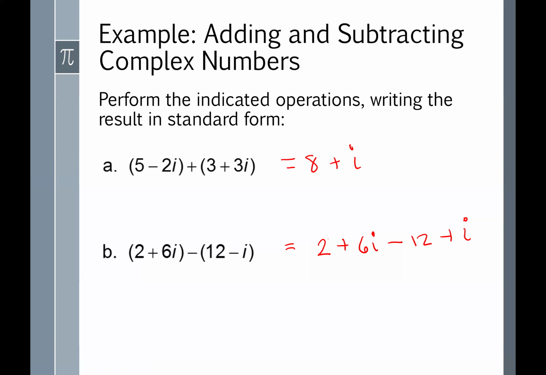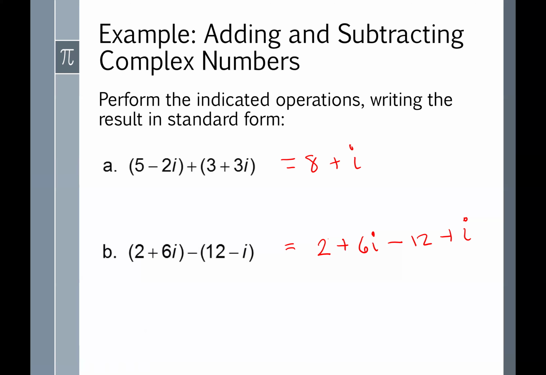But if you have a negative outside of parentheses, that means you are subtracting everything on the inside of parentheses. Now, the way I learned it way back when in the olden days is if there's a negative outside of parentheses, you change the sign of everything on the inside of the parentheses. That is the directions that I got.